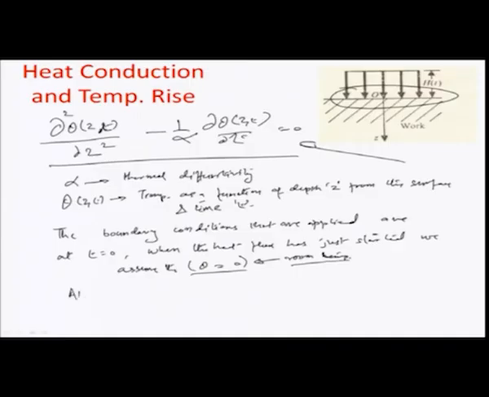So, at the surface with depth z equal to 0, the d theta by dz is actually minus 1 by k h t, where h t is basically the temporal flux, heat flux, which is sent within the workpiece. K is the thermal conductivity of the material.